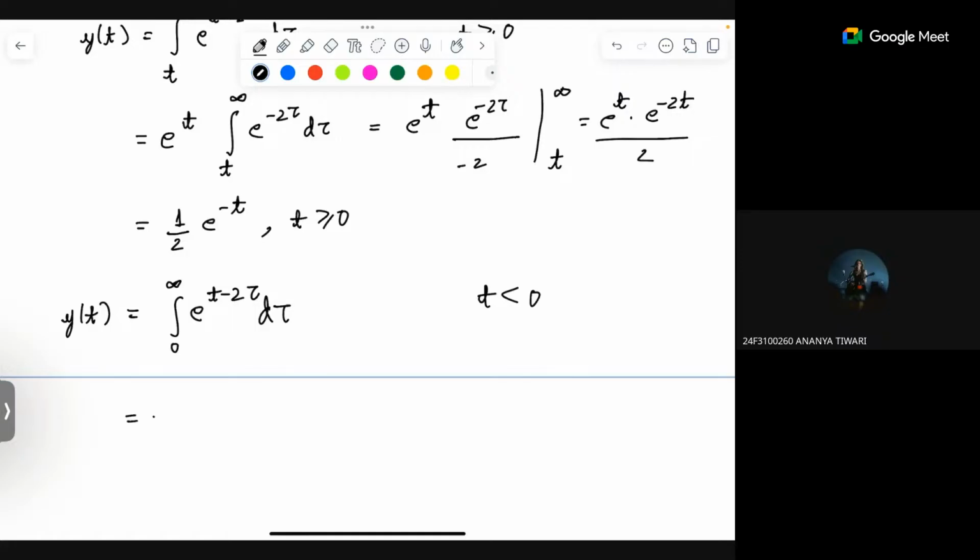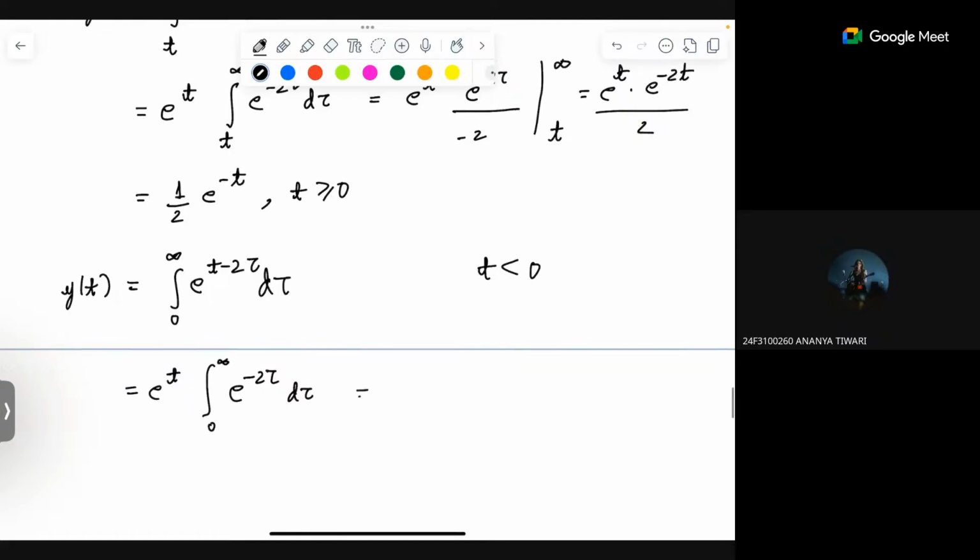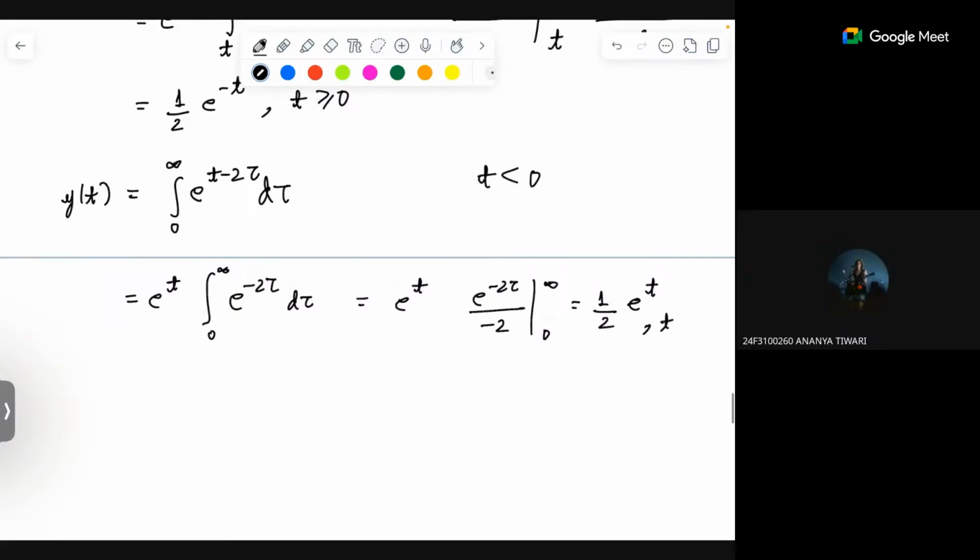Now if we integrate again, e raised to the power of t comes out, integral of e raised to the power of minus 2 tau d tau from 0 to infinity, just that the limits are different this time. Minus 2 tau divided by minus 2, 0 to infinity. It would be e raised to the power of minus infinity, 0, e raised to the power of 0, 1, so 1 upon 2 e raised to the power of t, right? Yes, ma'am.